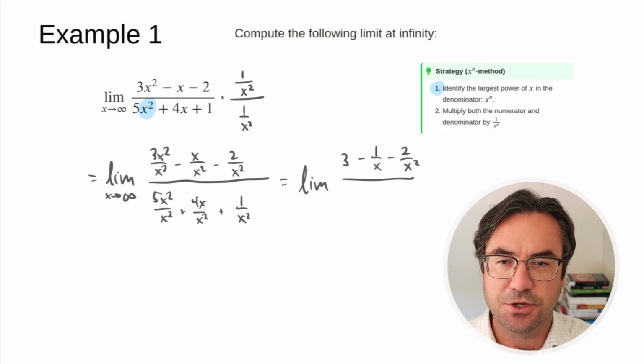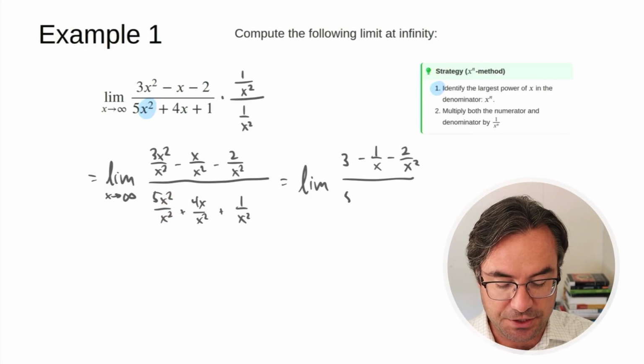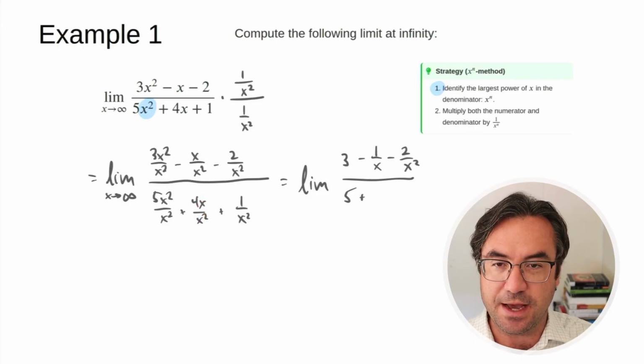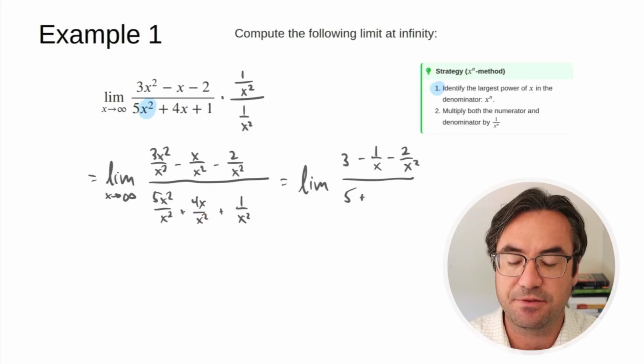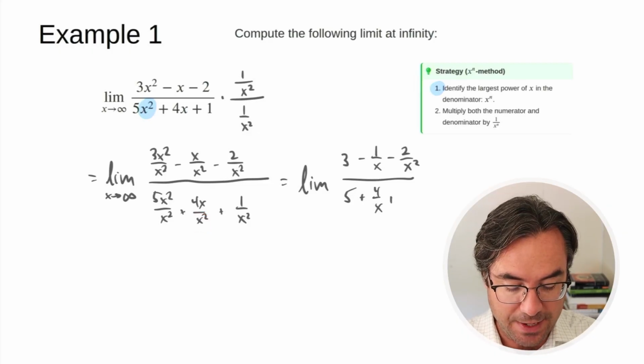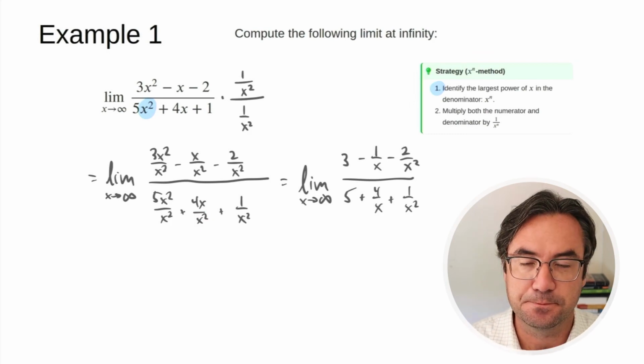In the denominator, same kind of deal. The x squareds cancel, so we're left with just a 5. Then this x cancels with one of the x's, but we're still going to have 1 x left in the denominator, so we have 4 over x. And then we've got our 1 over x squared, with x going to infinity.